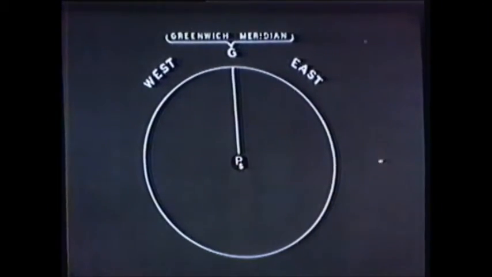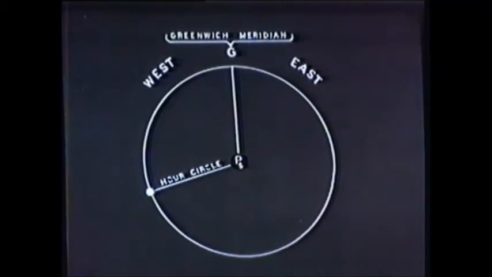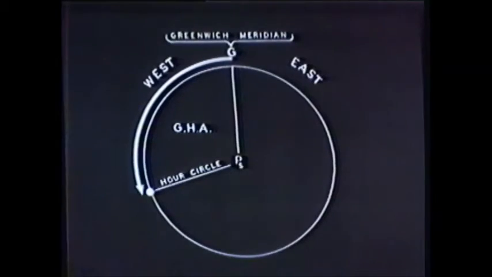The Greenwich hour angle, a particularly important hour angle, is measured from the Greenwich meridian westward to the hour circle through the body in this manner. This angle is important because it is one coordinate of a body's position on the celestial sphere.